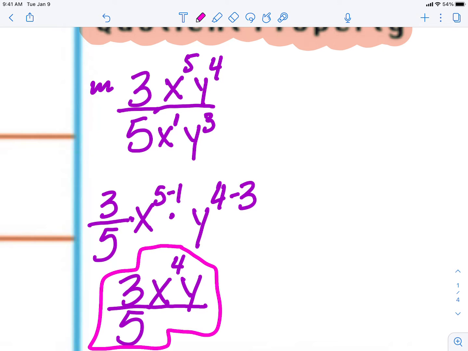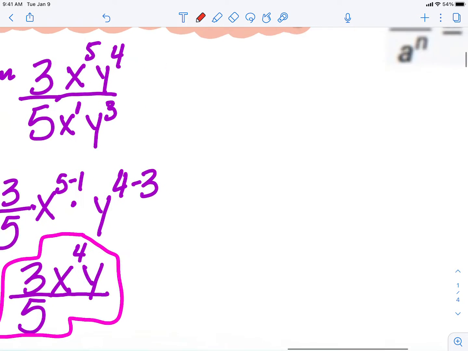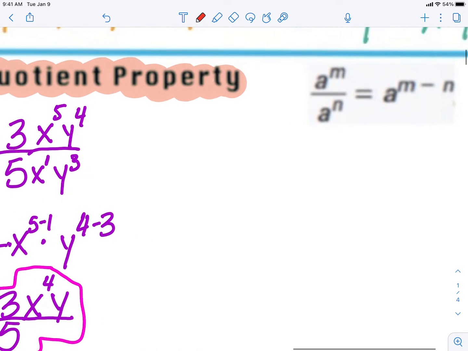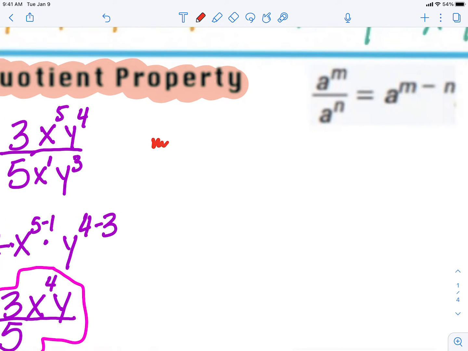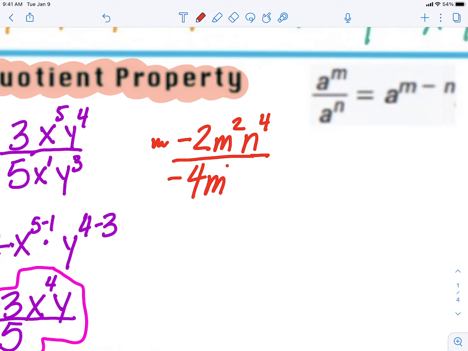Let's do another example of what the quotient looks like. If I have negative 2 m to the second n to the fourth, and I have negative 4 m to the seventh, and that's it, what do I do?